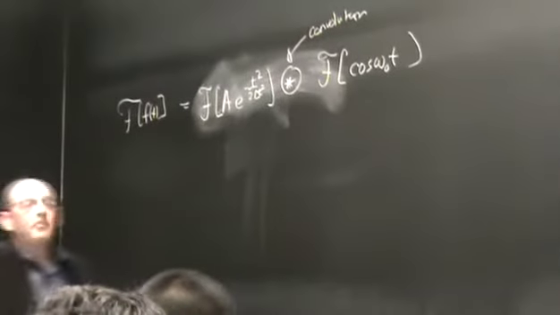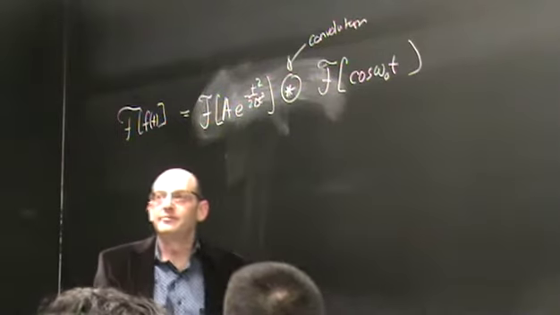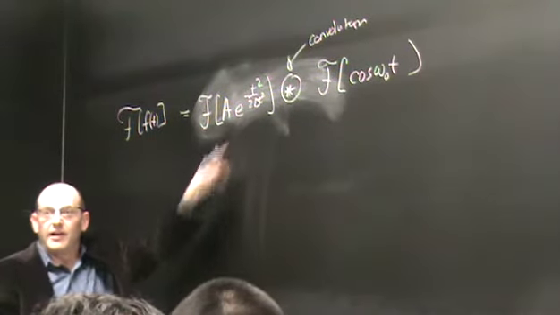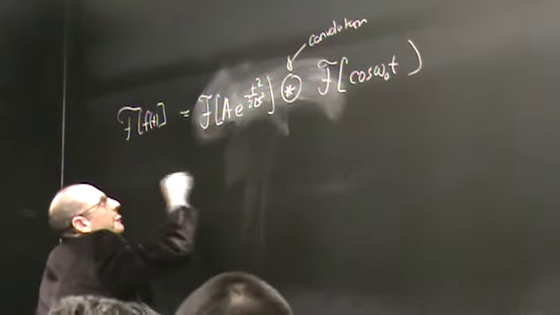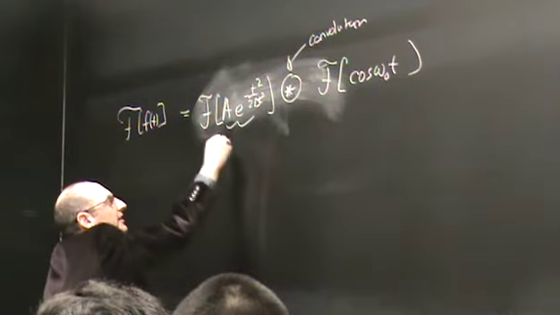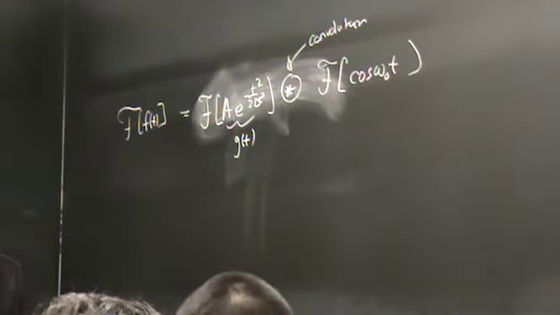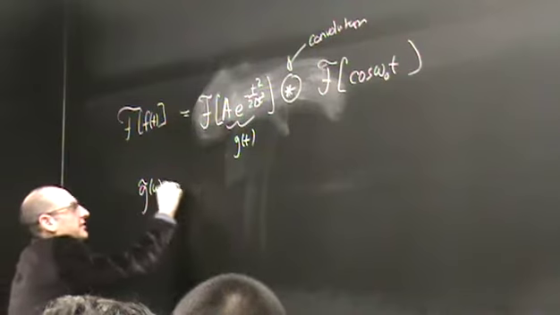So I need to convolve the Fourier transform of this with the Fourier transform of that. Well, we just found the Fourier transform of this, right? Let's call this g of t. So g tilde of omega we just found.